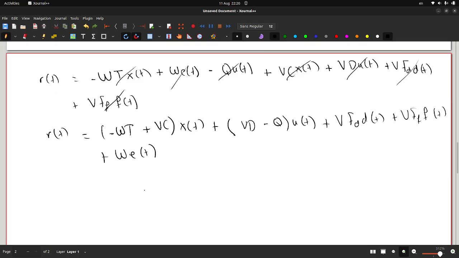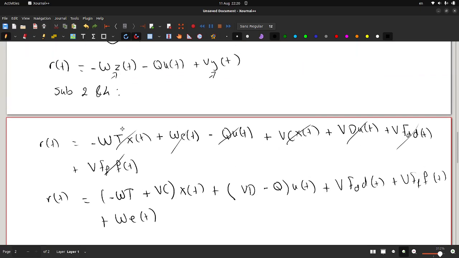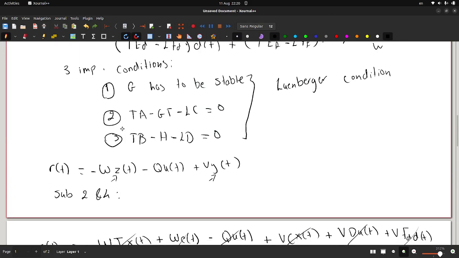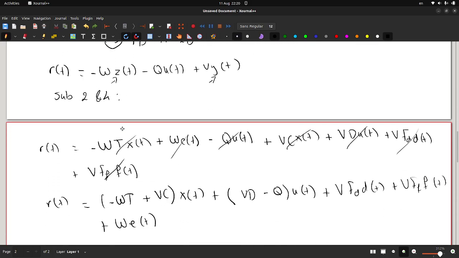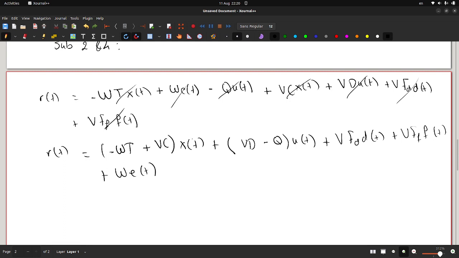As you can see, the two left conditions from the Leuenberger conditions have to be that we design our observer to drive this to be 0 and this to be 0 as well, so that our residual signal is not affected by our states nor our inputs.